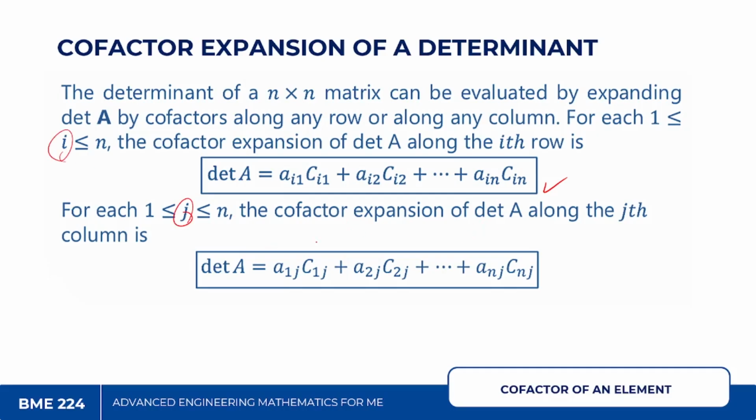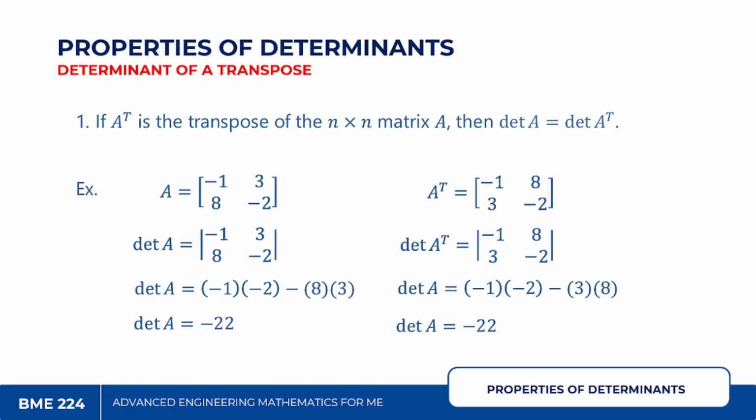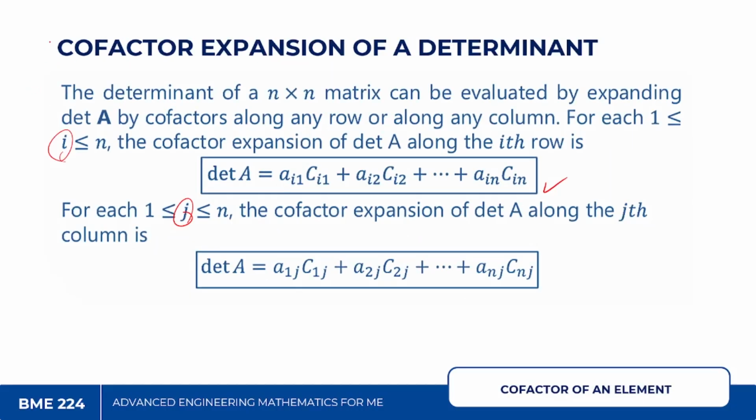Later, we will be applying this cofactor expansion of a determinant. Okay, here first we go to the properties of determinants. This, guys, is the cofactor expansion of a determinant. We have a sample of this when we discuss the inverse of a matrix. But for now, we'll just leave it here.